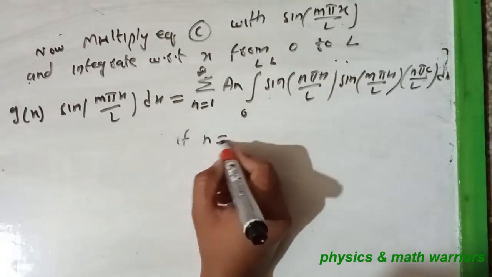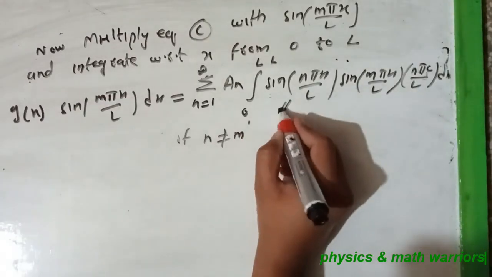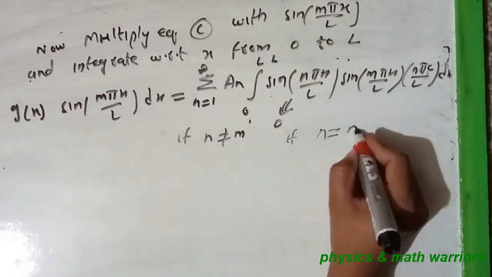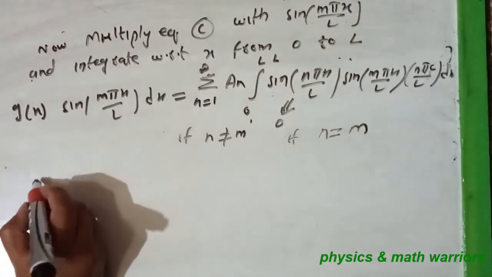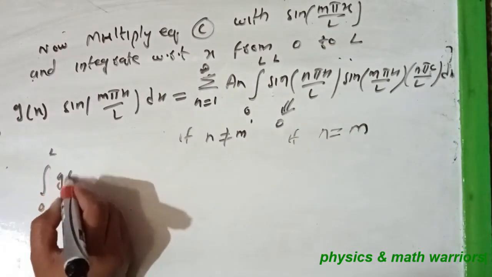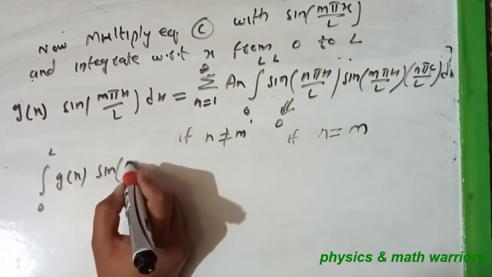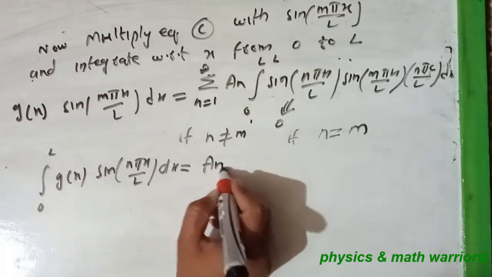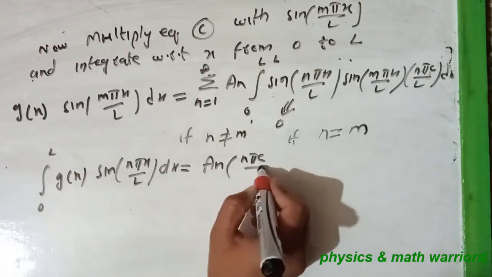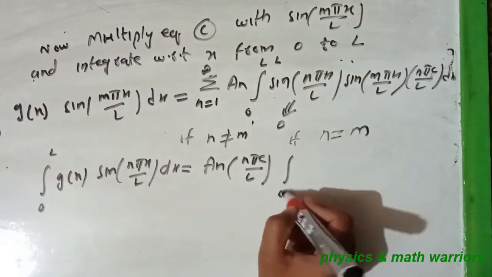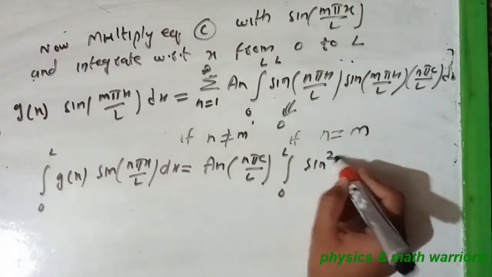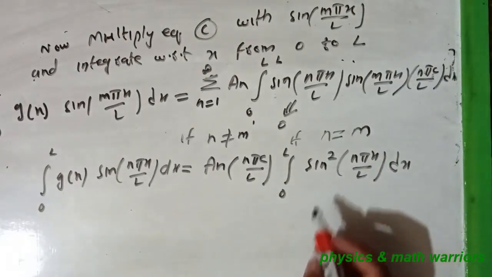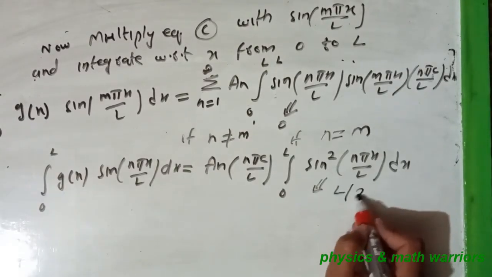If n is not equal to m, then this integral is equal to 0. If n is equal to m, then this becomes the integral from 0 to L of g of x sin(n pi x over L) dx is equal to an times n pi c over L times the integral from 0 to L of sin squared(n pi x over L) dx, and this integral is equal to L by 2.